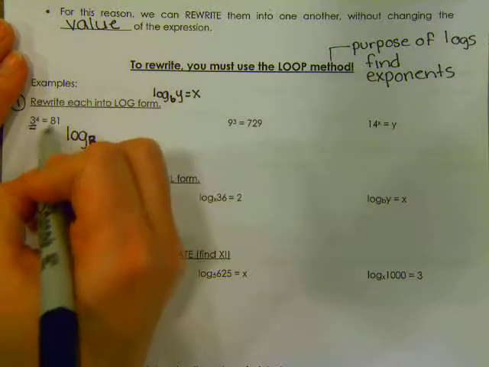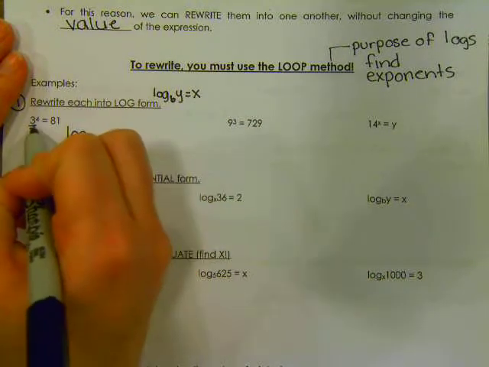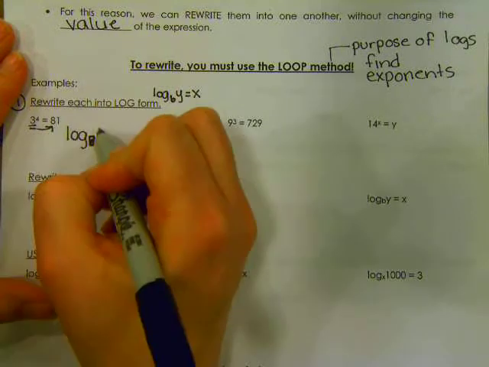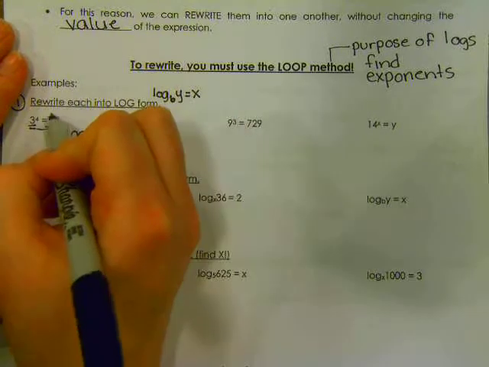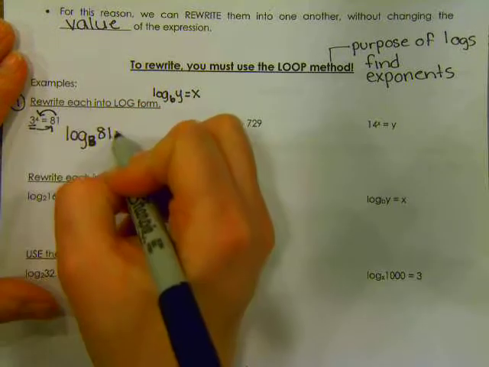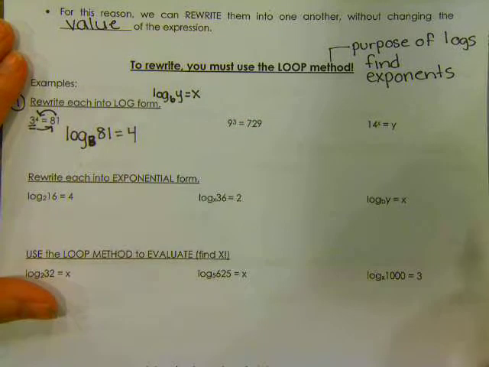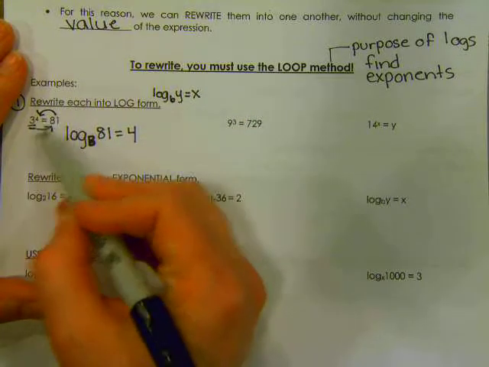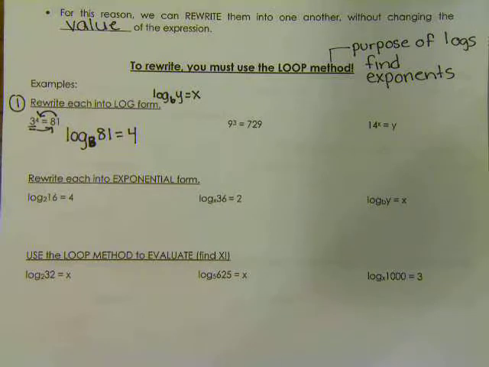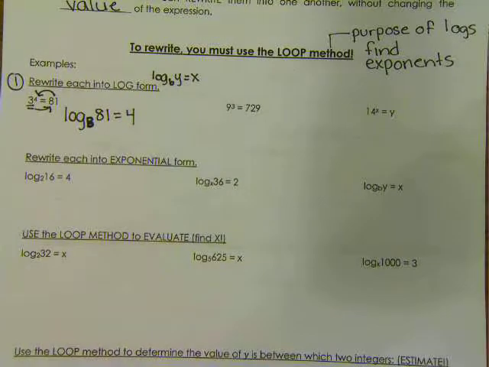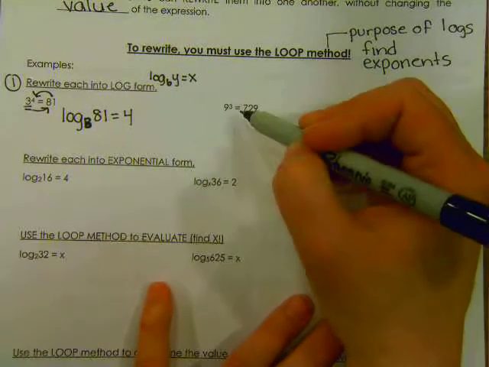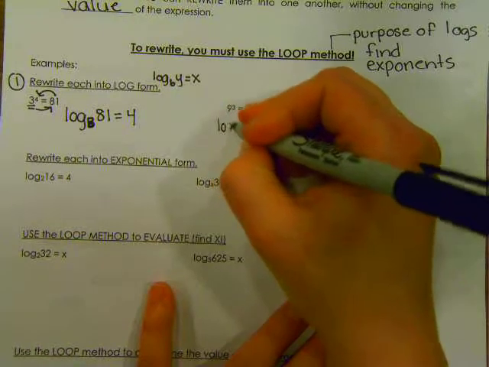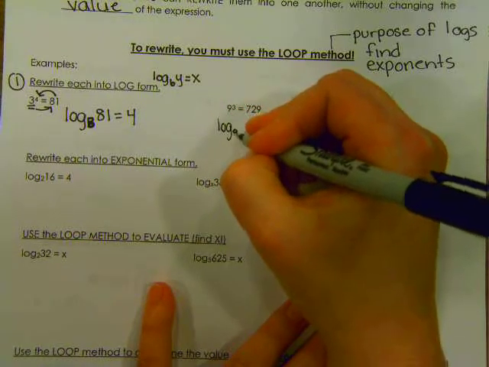Then loop around. Log base 3 of 81 equals 4. That's rewriting it from exponential to log form. We're going to do the same thing here. So log, and the base is 9, so you have to be able to pick out the base.